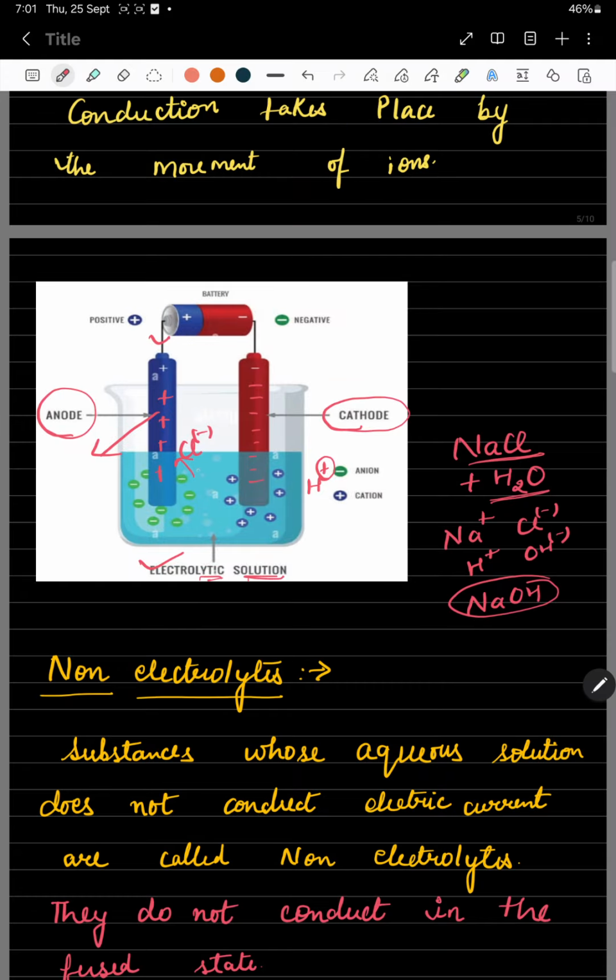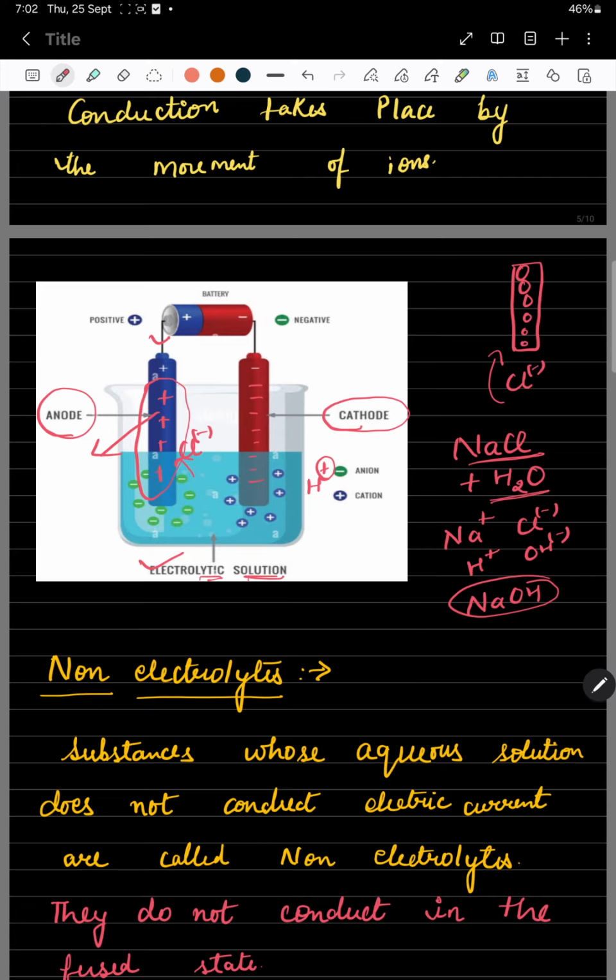So Cl minus is a negatively charged ion. This ion would be attracted by this positively charged plate, but to deposit on this plate, see, any plate has only atoms, not ions. So if any ion goes here, how would it become stable?